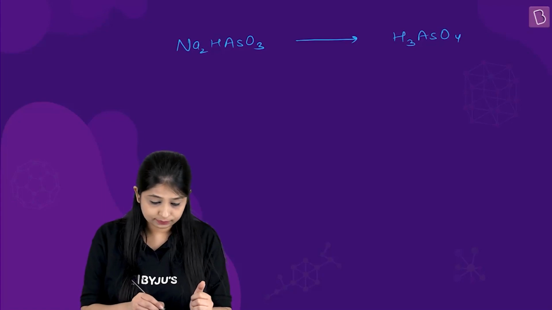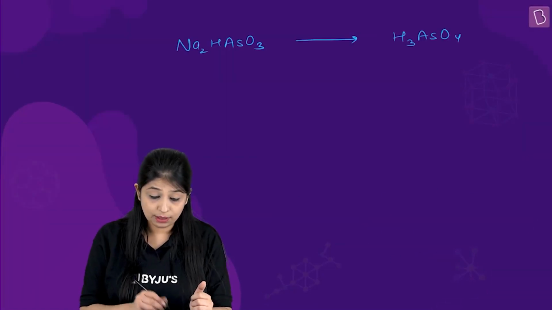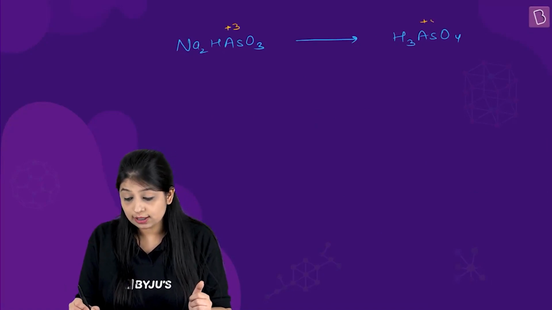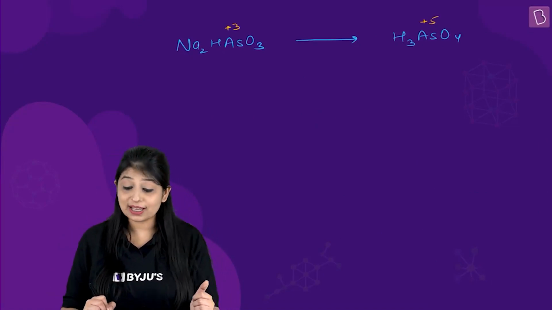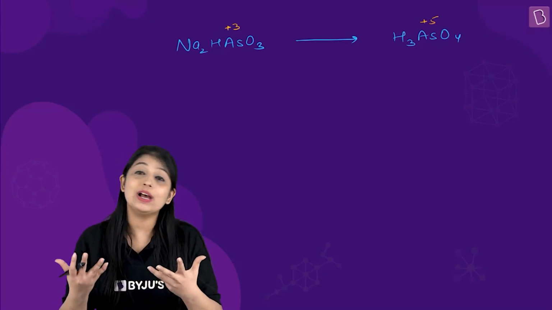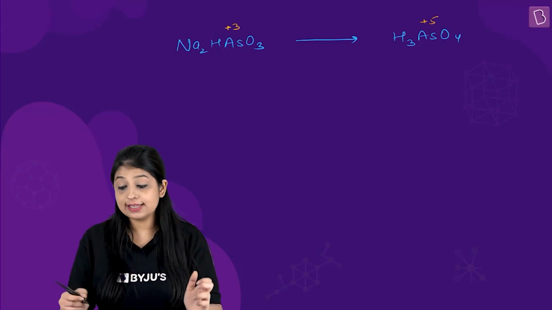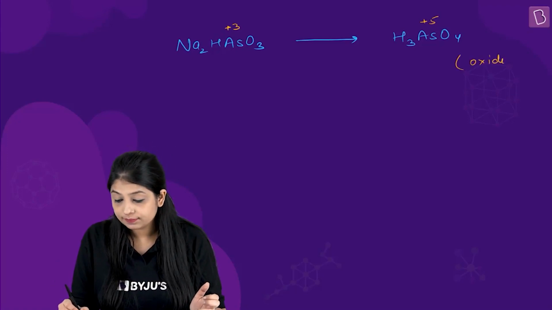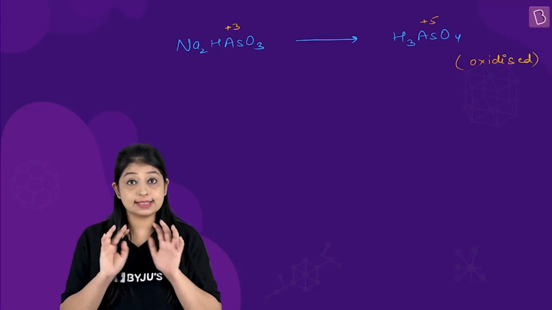On the reactant side it's +3, and on the product side it is +5. So what has happened is it has lost 2 electrons. It is itself being oxidized.